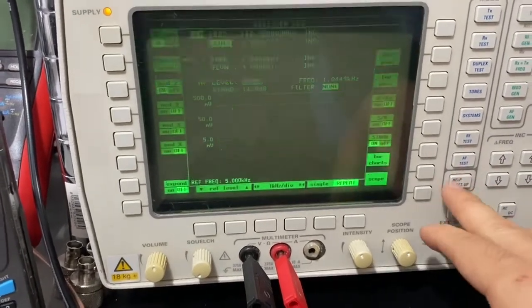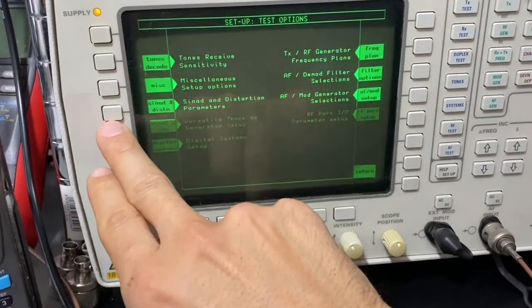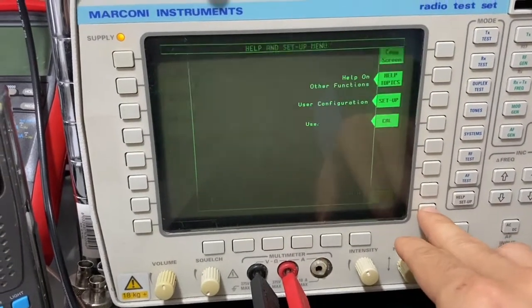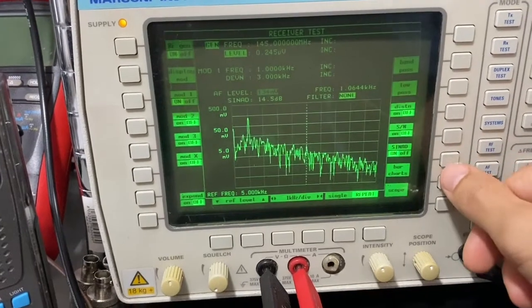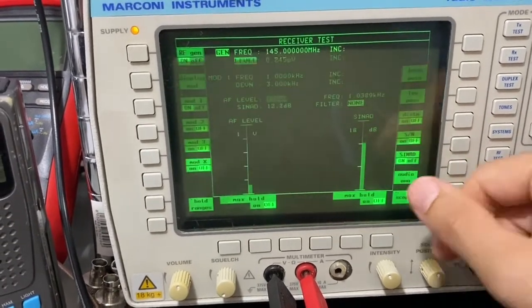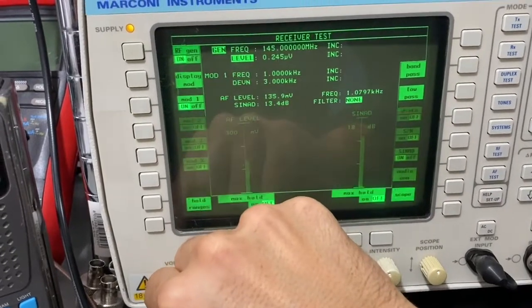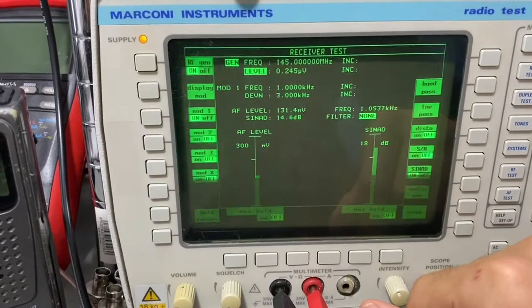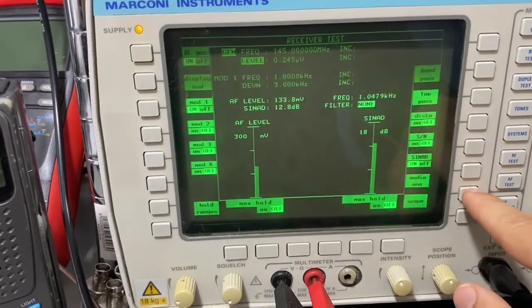Let me check one thing first. Yeah, okay. So yeah, we want to stay about here. 12 dB. The full scale here is 18 dB. So yeah, we are about there.